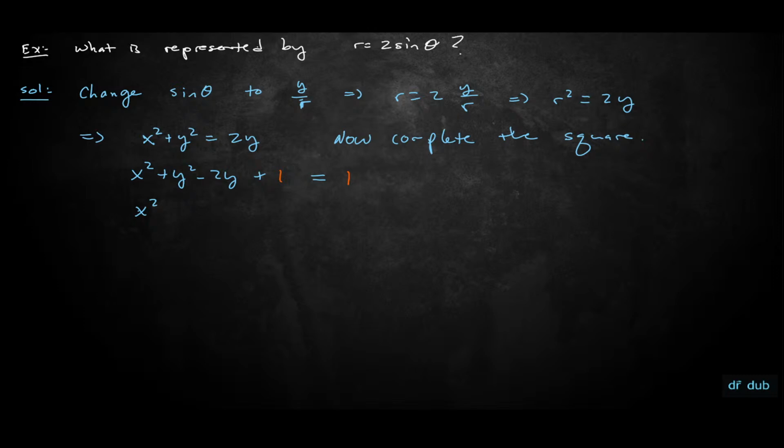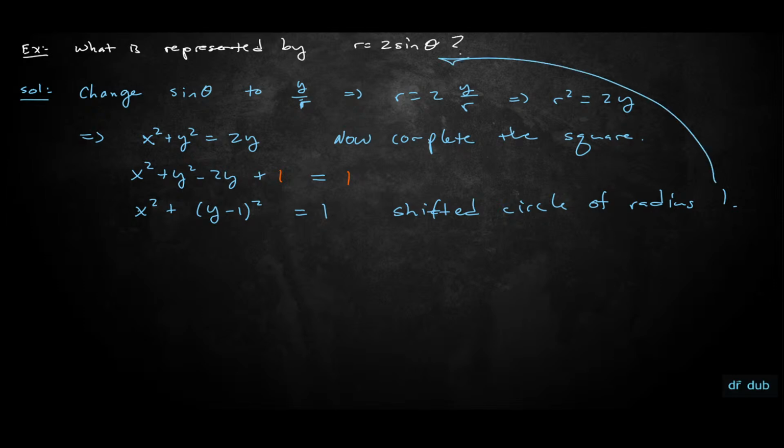So it'll be x squared plus y minus 1, quantity squared, equals 1. So it's a shifted circle of radius 1. So that's what this represents. And it's shifted in the y direction 1 unit, and it has a radius of 1.